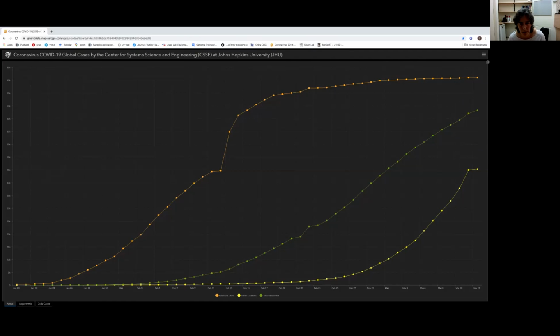You can see here this interesting jump in the number of cases in China, which took me a long time to find the reason. Apparently, up to this point, it was in the middle of the epidemic in China, and at some point they lost control. They weren't able to confirm all the cases using testing.